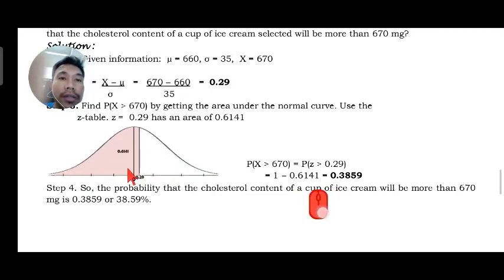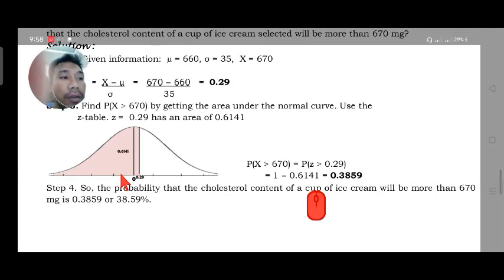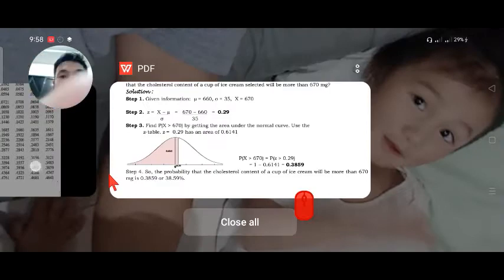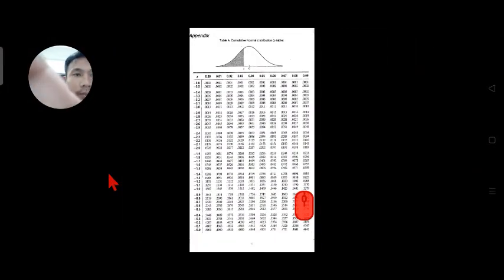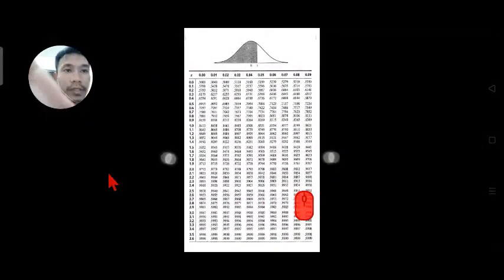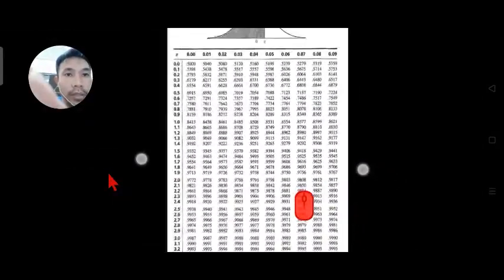So we have here our score of 0.29. What is the area to the left of this z-score? Let us check in our z table for 0.29. Under 0.2, plus 0.09, so that is 0.29.